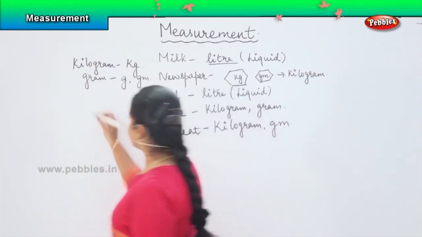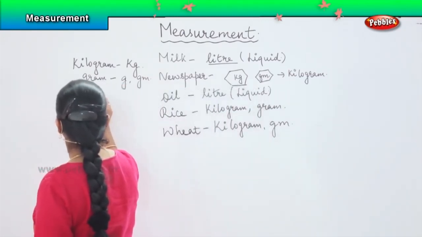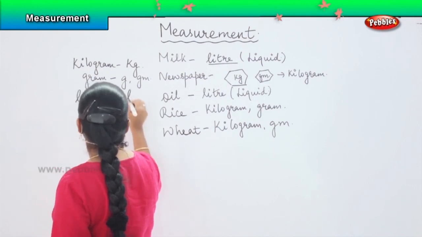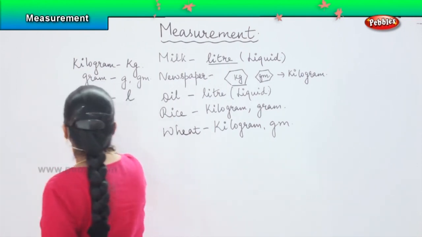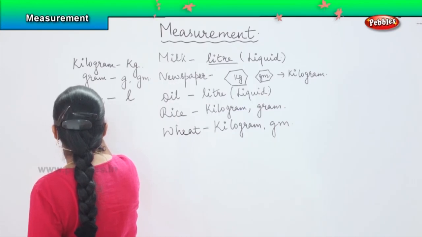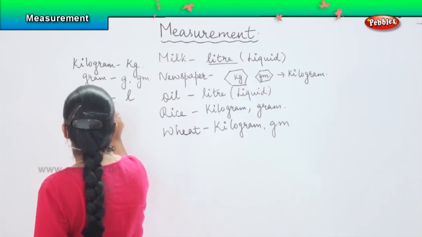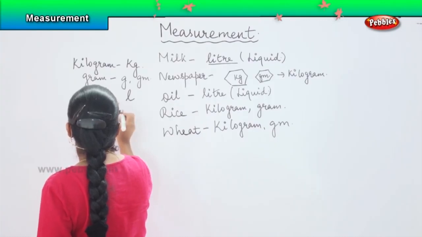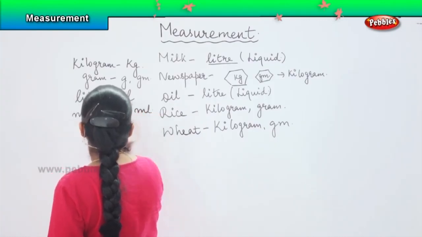For liter we write L. For milliliter we write ml.